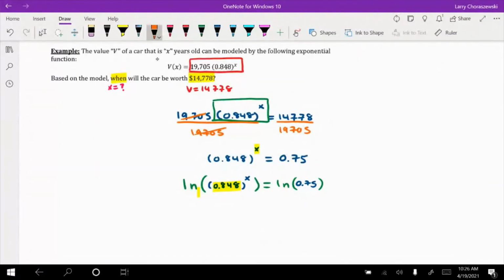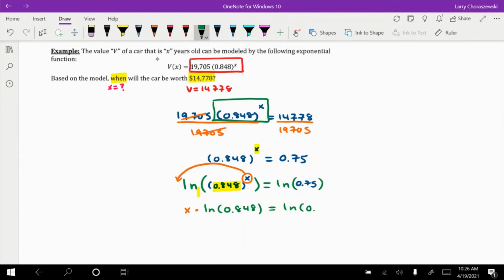Something else happens though, and that something else is the power rule. So even though the base of the log doesn't match the base of the exponential, meaning we can't cancel, we do get something that does happen still. And what happens is that the power will come down in front, and it becomes x times the natural log of 0.848.